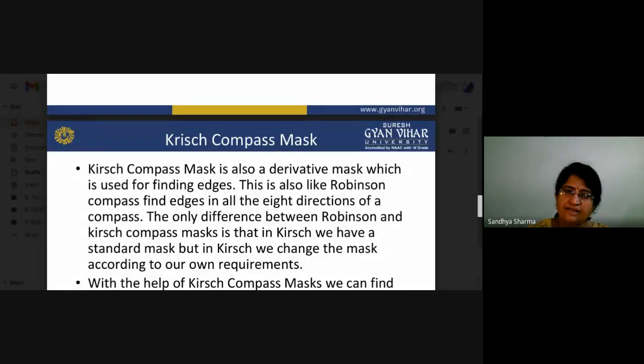Now it's the Kirsch compass mask. That mask is also a derivative mask which is used for finding edges. This is also like the Robinson compass, finding edges in all the eight directions of a compass. The only difference between Robinson and Kirsch compass mask is that in Robinson we have a standard mask, but in Kirsch we change the mask according to our requirement.